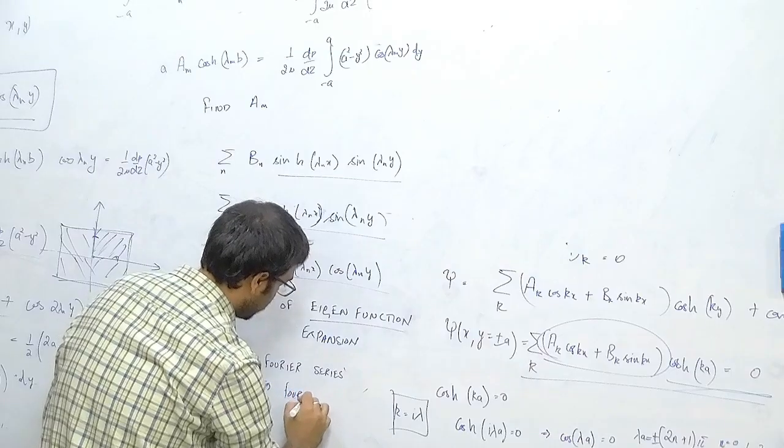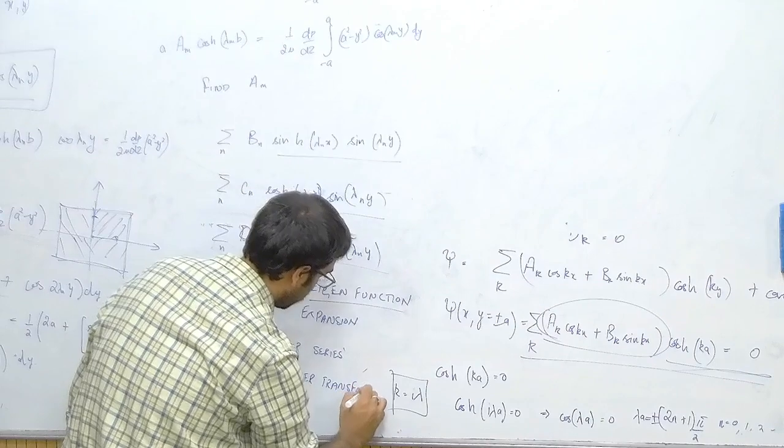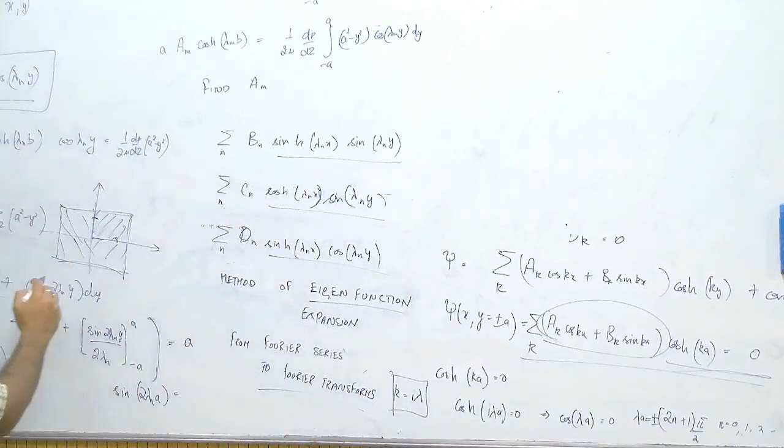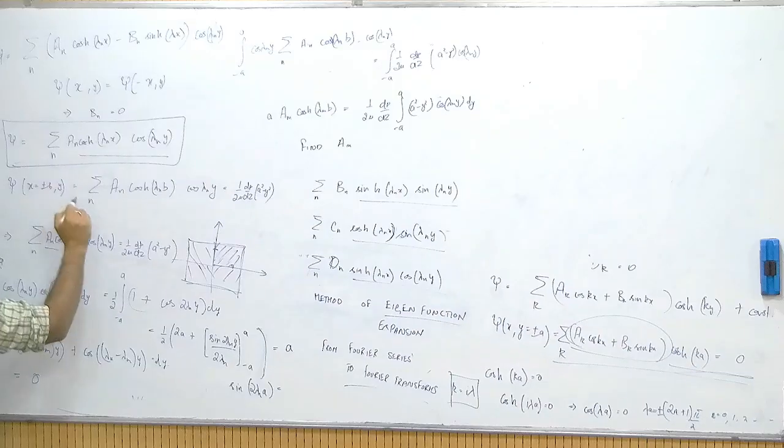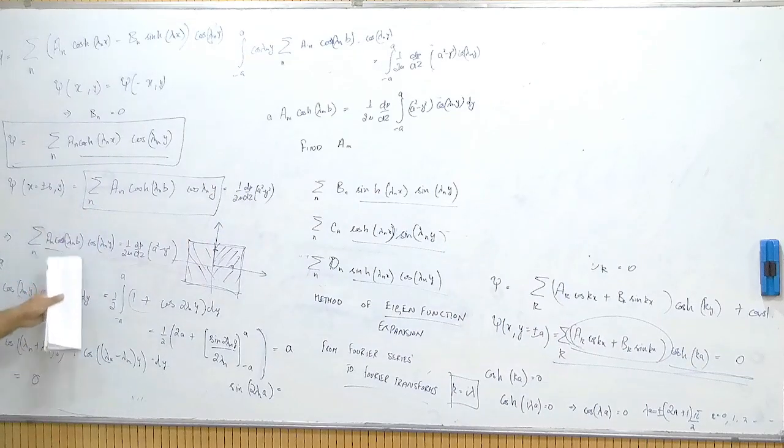The reason this is important here is because your solution is like a Fourier series. We eventually obtained a Fourier series and then tried to find its coefficients.